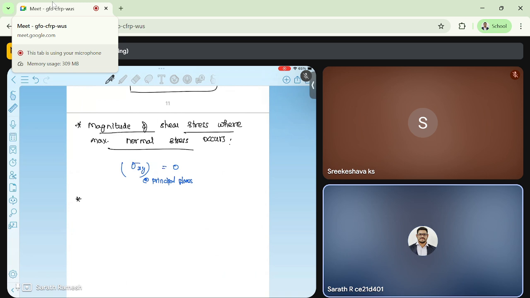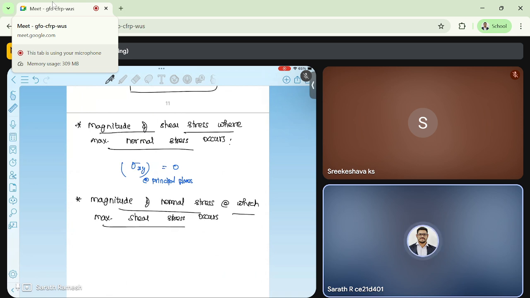And the magnitude of normal stress at which maximum shear stress occurs. Yes.